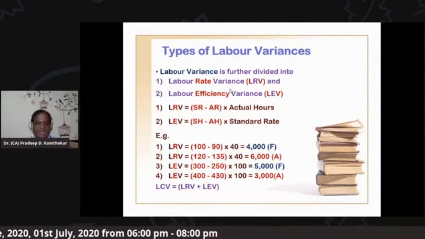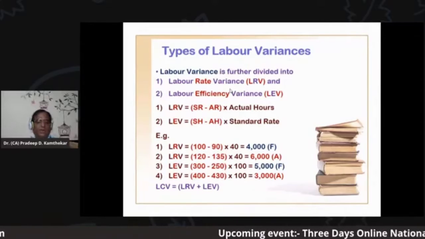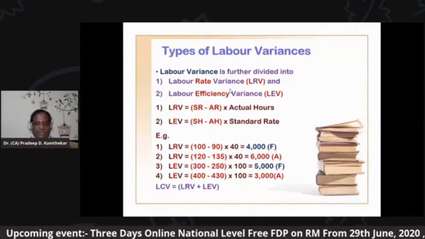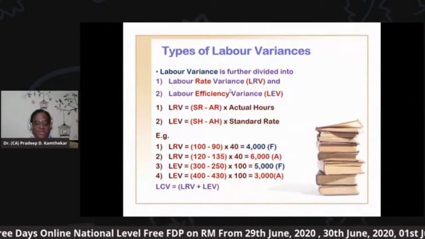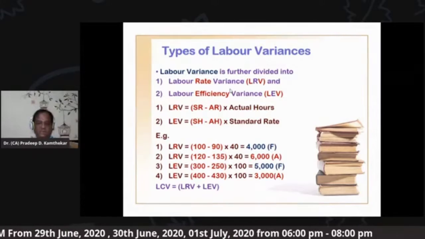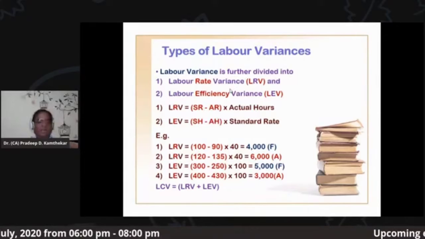What is standard rate? Standard rate is the rate that business wanted to pay per hour to the workers in the production process, and actual rate is the rate that business has paid to the workers for actual production. This we have to multiply with actual hours to calculate the labor rate variance.